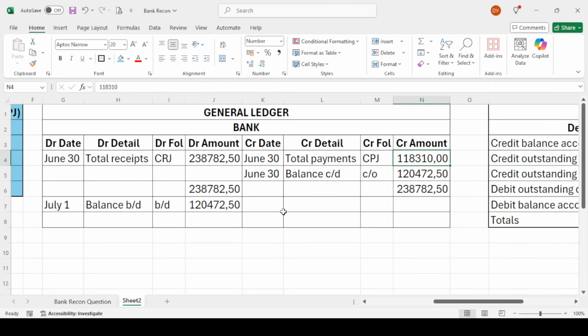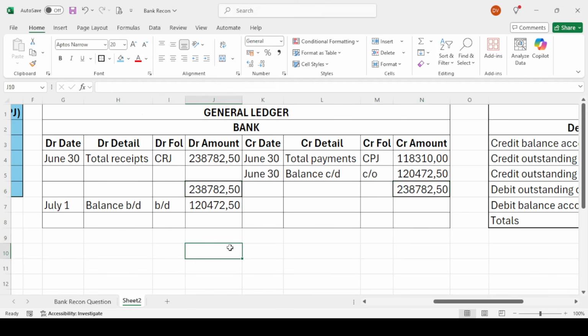You ask yourself then which side is bigger between the two. I've now done this ahead of time, guys, just to save a bit of time so that the video isn't too long for you. This side is obviously bigger, and that's why you copy the total down on both sides, giving it a thick line at the top and the bottom. You have to make this true, so you fill in that amount that is the missing amount.